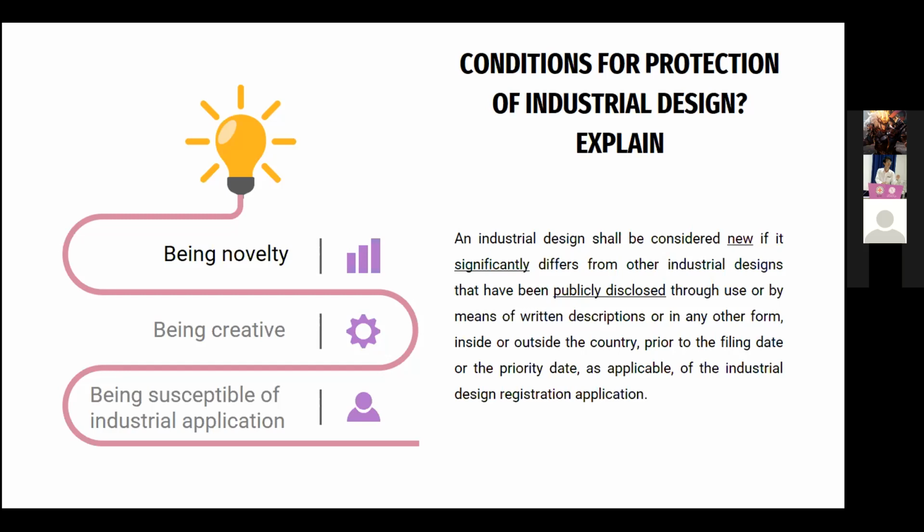Industrial design is displayed at a national exhibition of Vietnam or at an official or officially recognized international exhibition by the person having the right to register, as defined in Article 86 of this law.